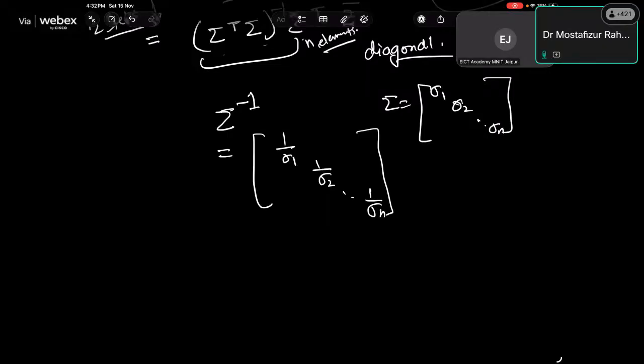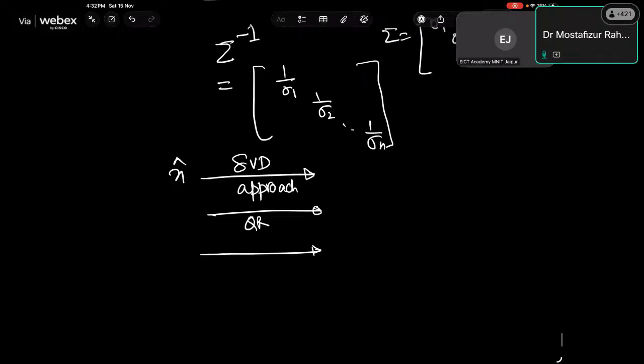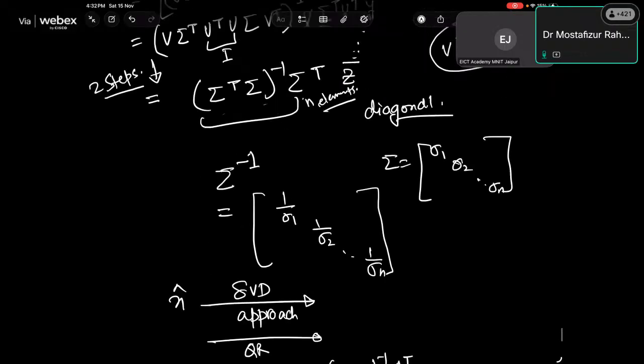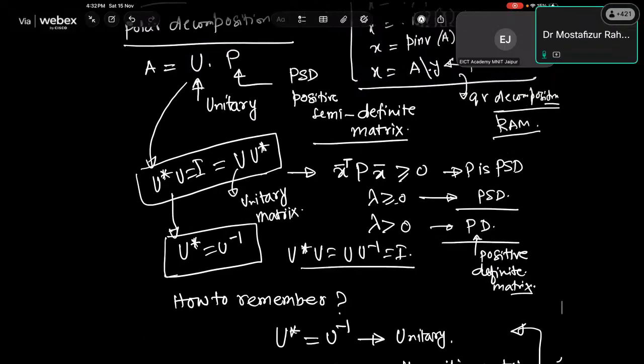So basically, this is computing the x hat using the SVD approach, right? Earlier we have done three approaches: one by QR decomposition, one by SVD approach, and one by directly the least square method. The least square method is basically A transpose A whole inverse, this A transpose, right? This is the pseudo inversion thing. And then we did the QR decomposition above.